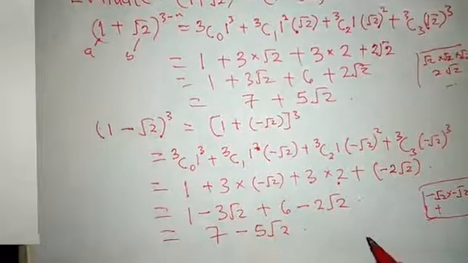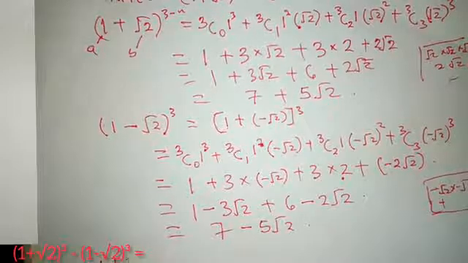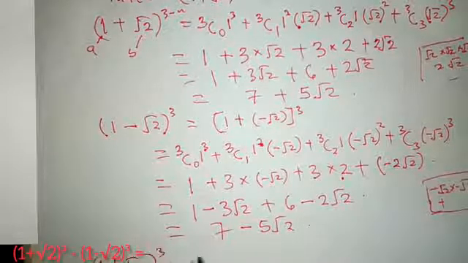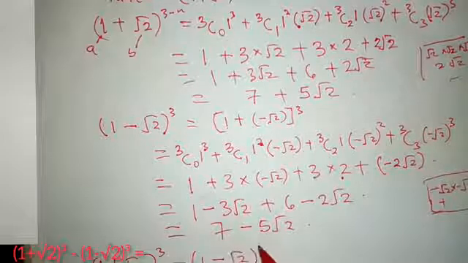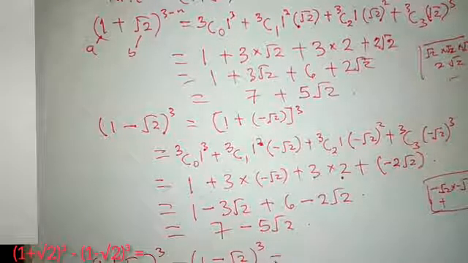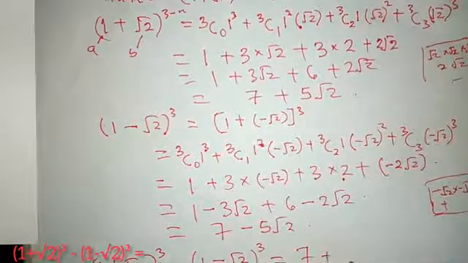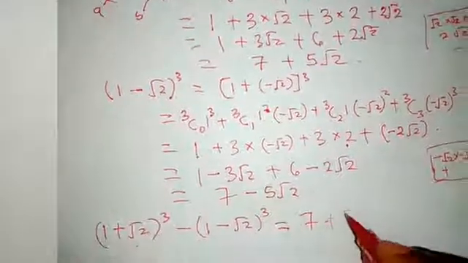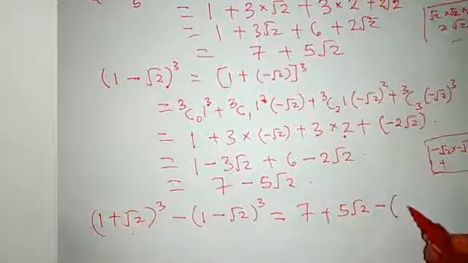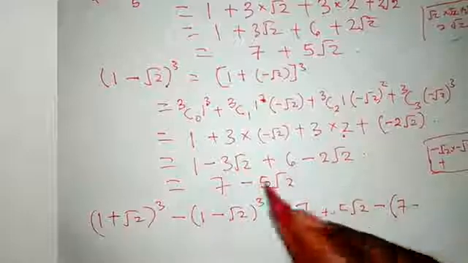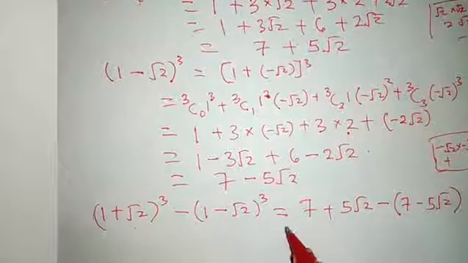And so 1 plus root 2 cubed minus 1 minus root 2 cubed equals, for this one we get 7 plus 5 root 2 minus 7 minus 5 root 2.